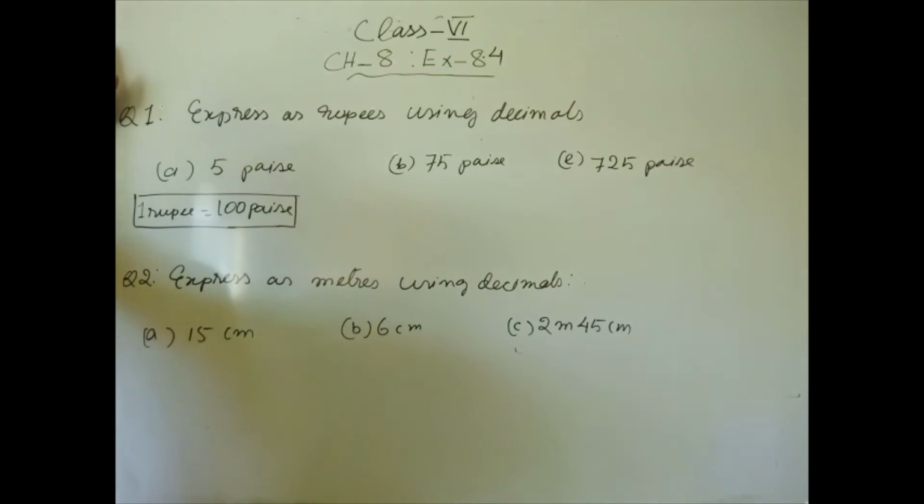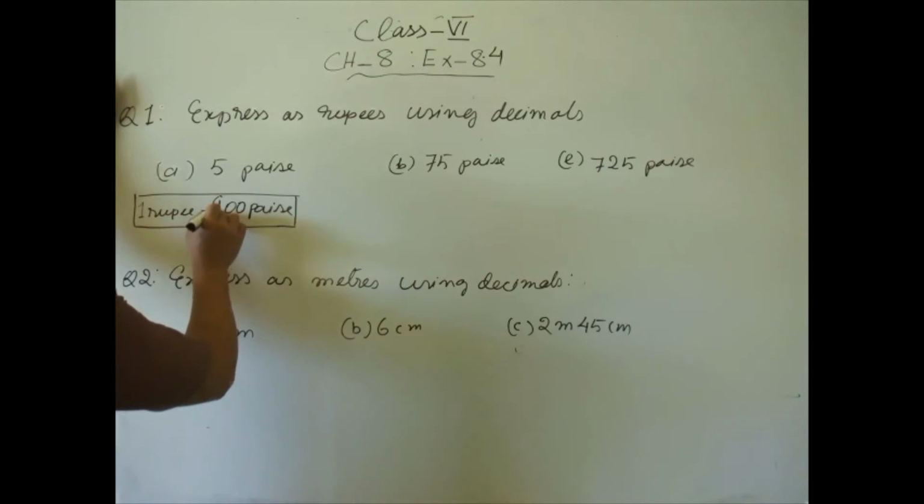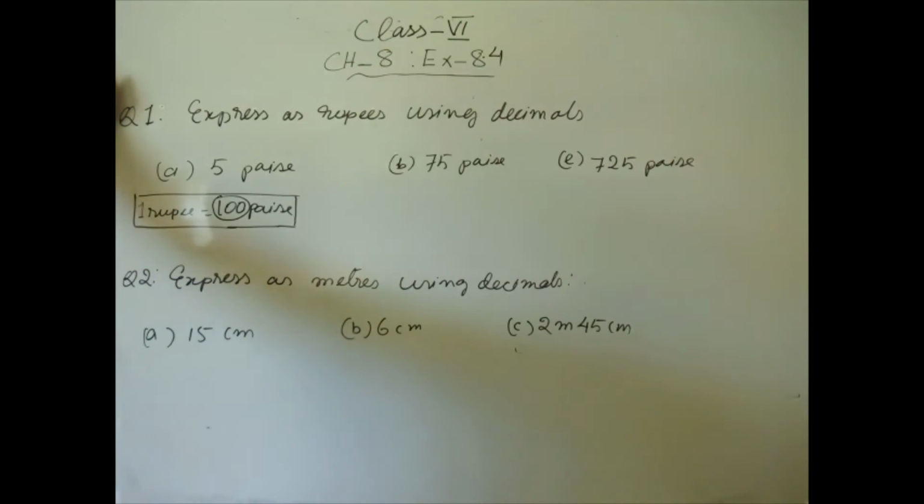This value 100 is very important. In converting or expressing the given price in rupees or rupees in paise, this value 100 is very important here, because 1 rupee is equal to 100 paise.